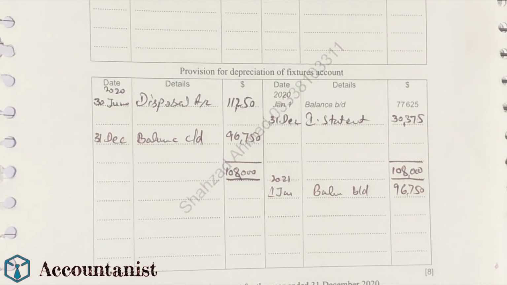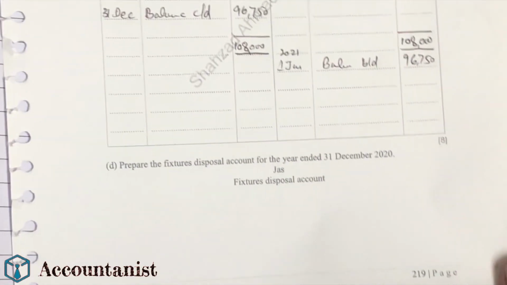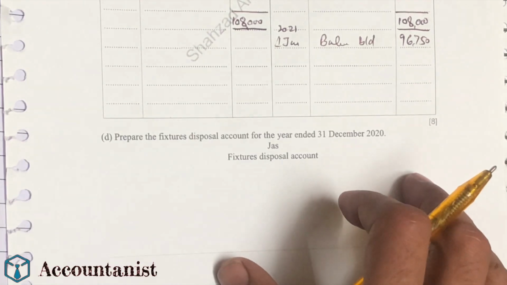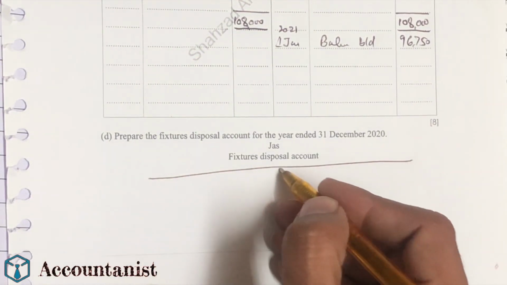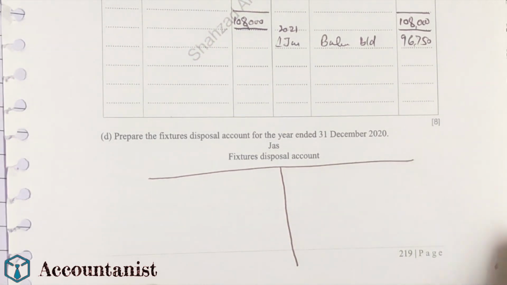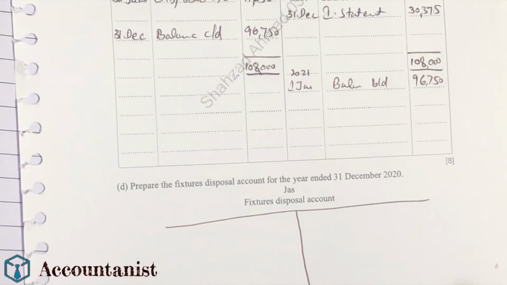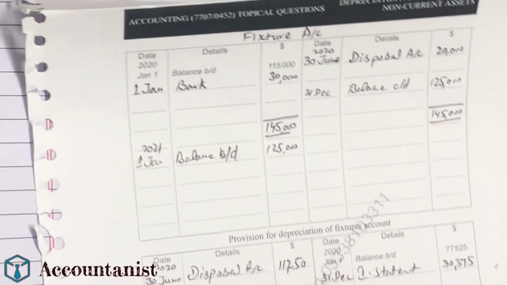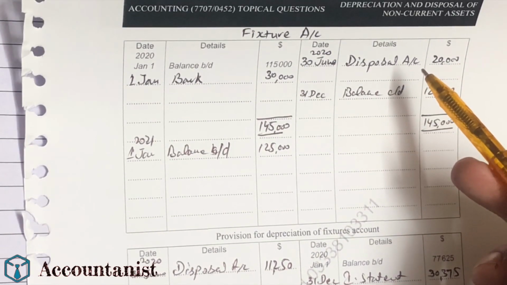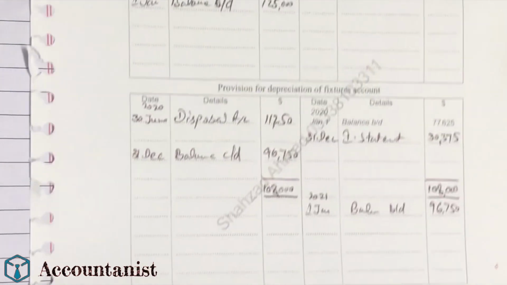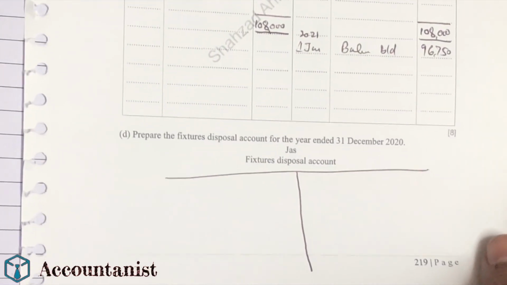So the next account that we need to make is the disposal account. Let me make this account here down there. As we know, the disposal account we make first on the credit side in the asset account, so 20,000, the cost of that, will come up here on the debit side.